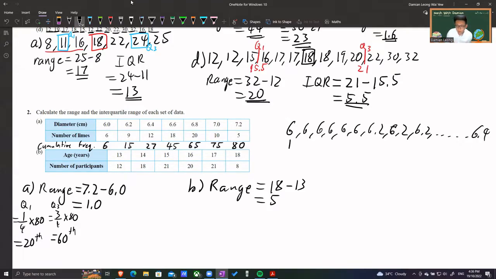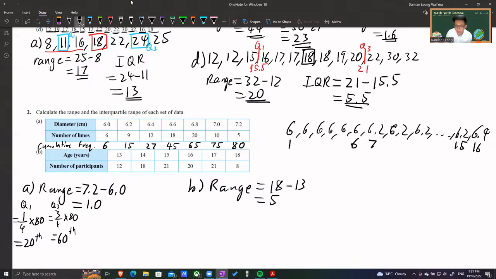So from the first value to the sixth value is 6.0. Then from the 7th value until the 15th value is 6.2. And then from the 16th value up until the 27th value is 6.4. So that's how it works.